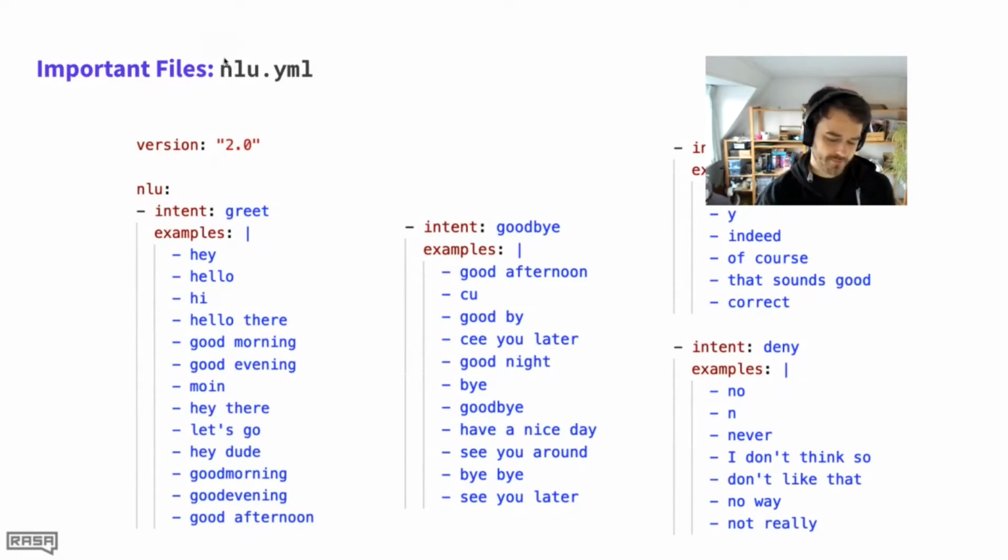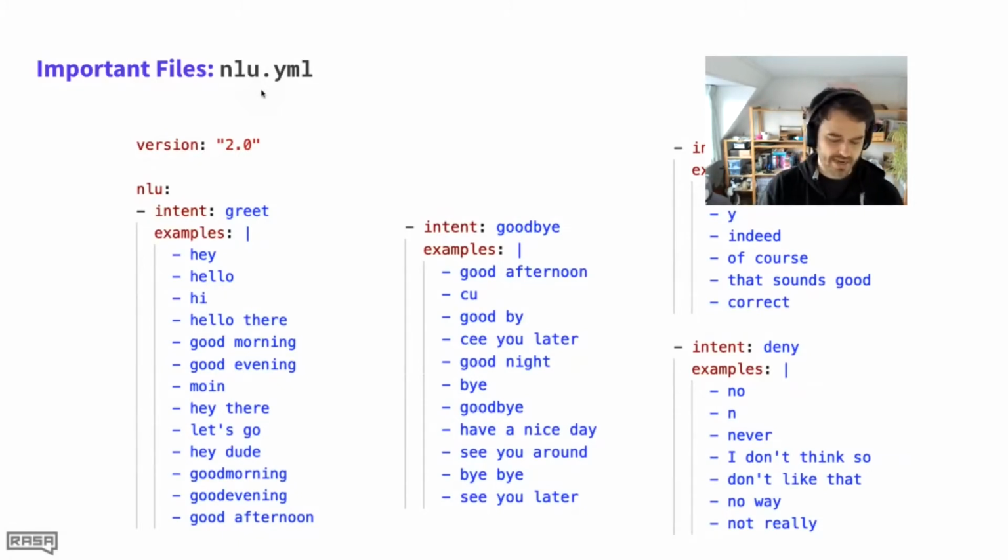In particular, we've got our data files. And one of the data files that we are going to be discussing is the NLU.yaml file. That stands for Natural Language Understanding. The idea behind that file is that you get to define Lego bricks in a conversation as far as intents go.